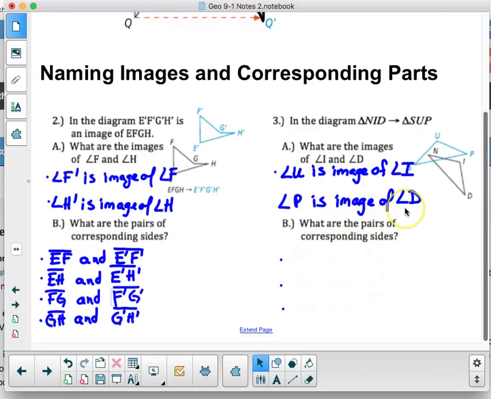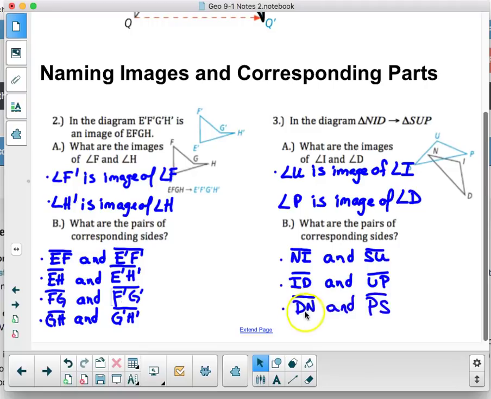Go ahead and line those up the same way I did in the previous example. Okay, now you should have NI to SU because order matters, and segment ID to segment UP. And then the last one, segment ND or DN to PS.